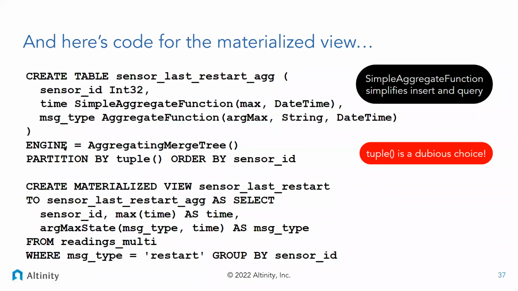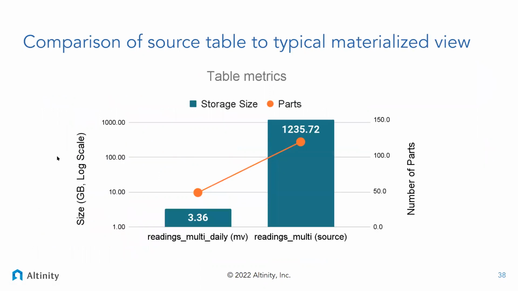Now, in this particular example, I'm just partitioning by tuple, if you will. That's a kind of dubious choice for a couple of reasons, but I wasn't paying a lot of attention to this. As it happens, as you saw in the query I did when I was querying the materialized view, that was the third demo query, ClickHouse is still exceedingly fast.